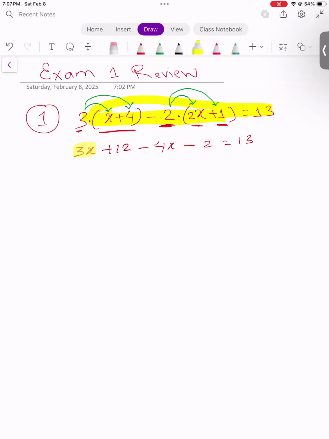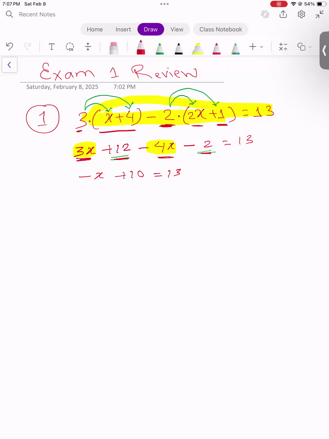So we have 3x and negative 4x. These are like terms. Similarly, we have positive 12 and negative 2 as like terms. So positive 3x, negative 4x, that is negative x, positive 12, negative 2, positive 10, equals 13.